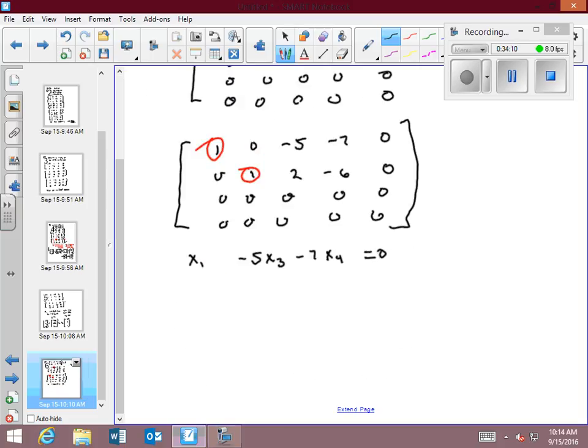And the second one says x2 plus 2x3 minus 6x4 equals 0. And then x3 is free, and x4 is free.